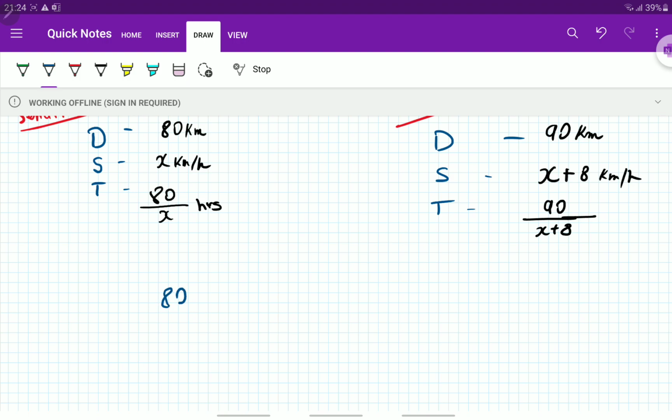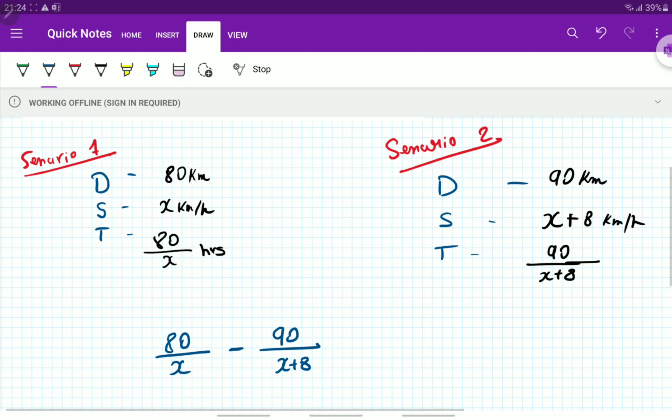80 over x, so scenario 1, minus 90 over x plus 8. We're just subtracting the scenario 2 time from the scenario 1 time. That must equal 15 minutes.